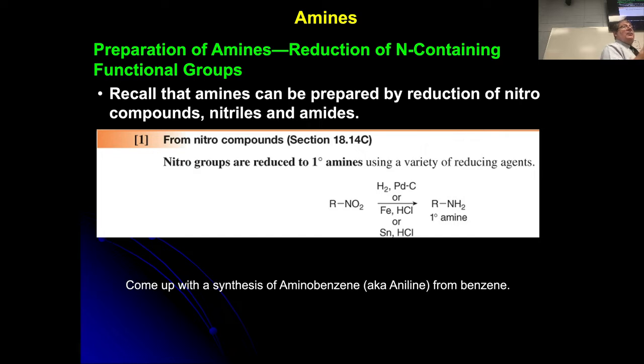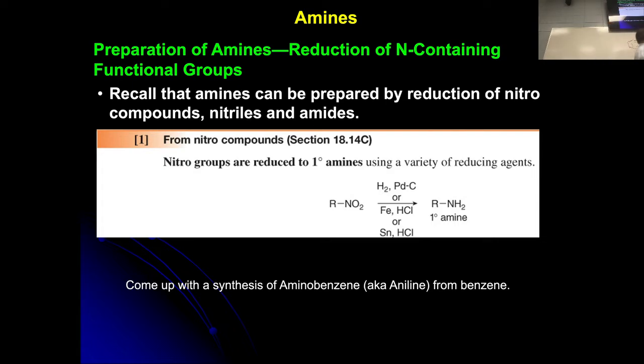But in general, what's the type of reaction? 3 letters. EAS, electrophilic aromatic substitution, right? So what am I going to use here? How am I going to get the NO2 plus? Nitric acid and sulfuric acid. HNO3, sulfuric acid, do the reaction. I get the nitrobenzene, right?